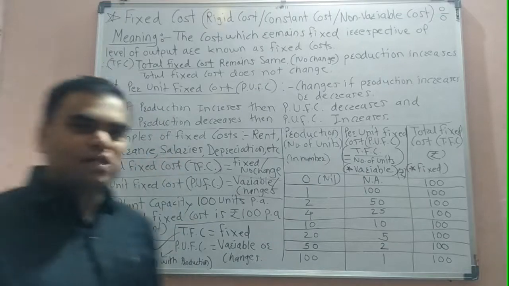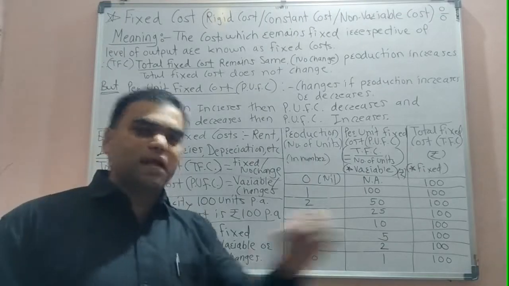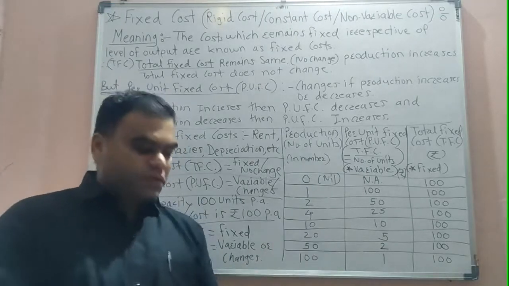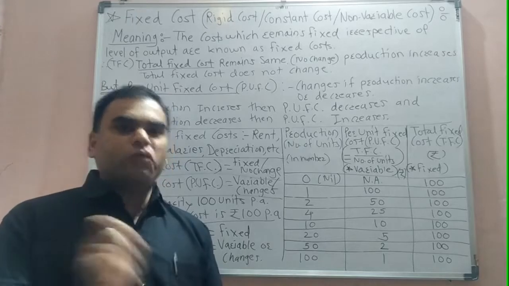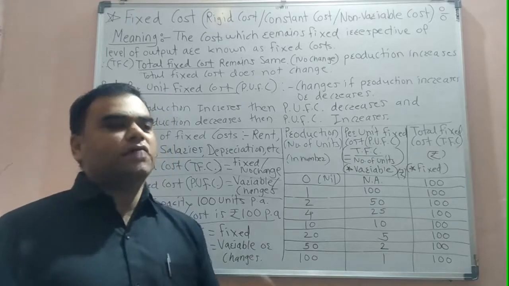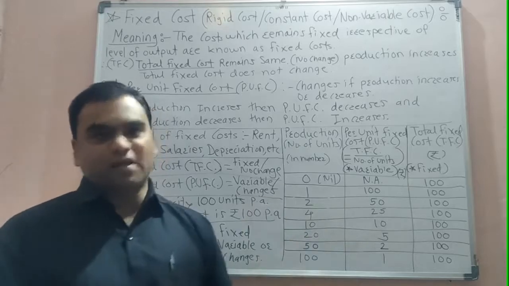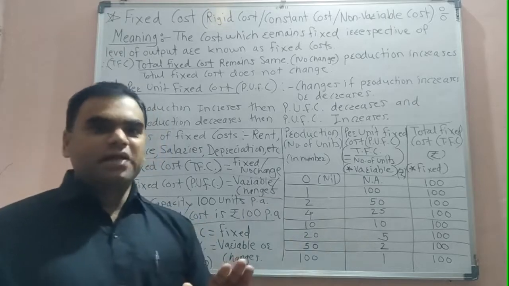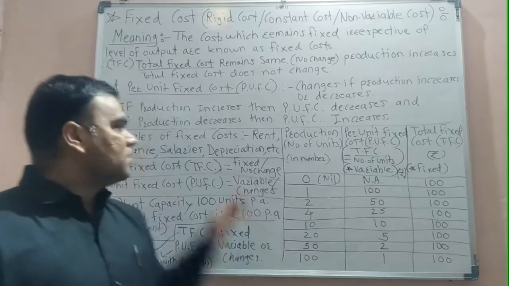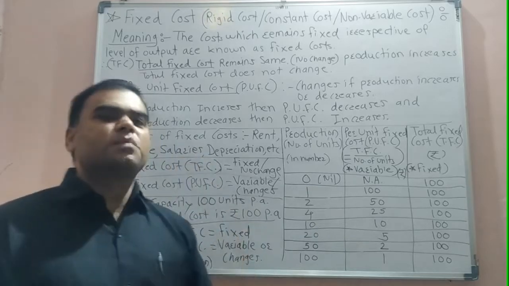Next, salary also. Suppose an accountant's salary: if your company has manufactured 0 units, the company cannot say that we have not manufactured any unit, so this month we will not pay you salary. It is not that way. So salary amount is also fixed, predetermined.